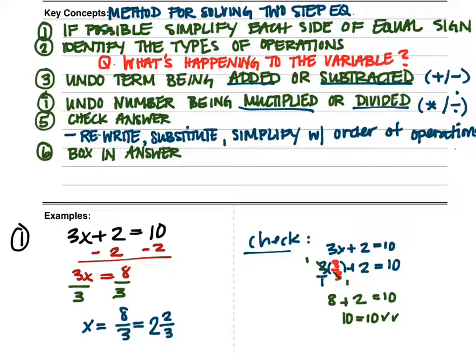I did check, that does work, so I can go ahead and box in my answer. Excellent. So either x equals 8 over 3 or x equals 2 and 2/3, either one will work. Let's take a look at a couple more examples where we have two-step equations.